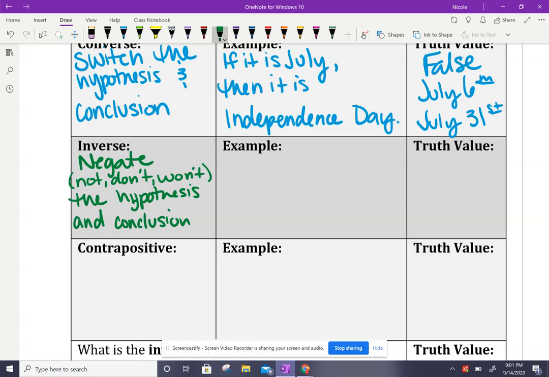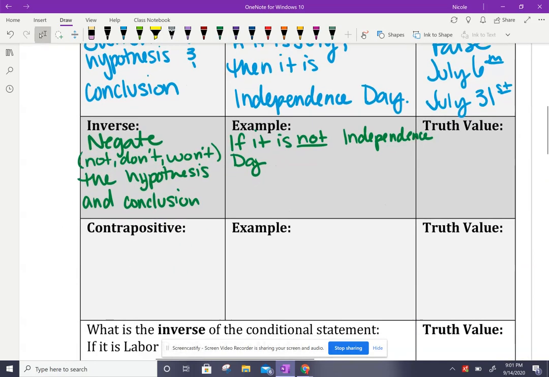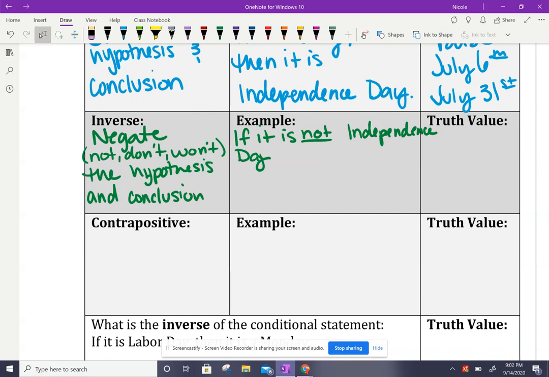My new example, going back to the original hypothesis and conclusion statement, would say, if it is not Independence Day, then it is not July.